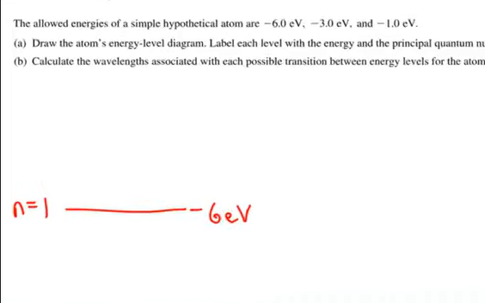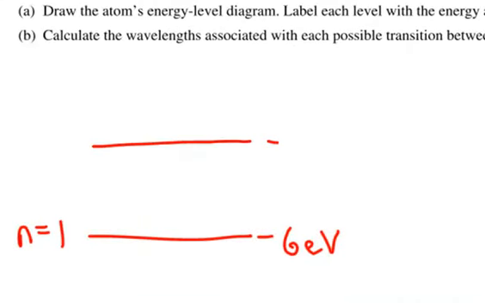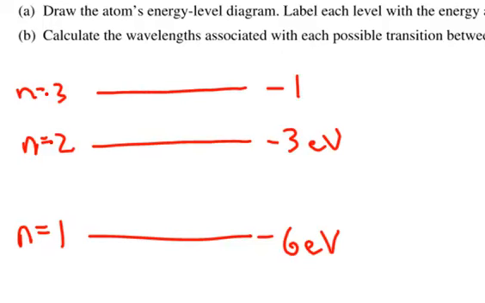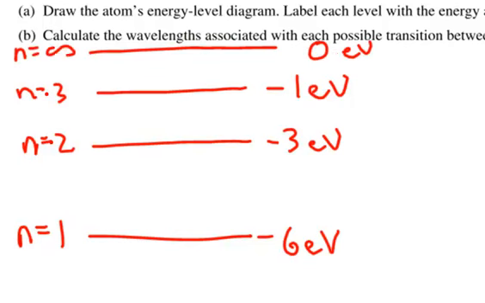Okay, and you can see here we have -3 electron volts, that's what we call my n equals 2. We also have n equals 3, and that is -1 electron volt. And if I wanted to show infinity, that would be 0 electron volts, my bad. 0 electron volts, that would be at n is equal to infinity.